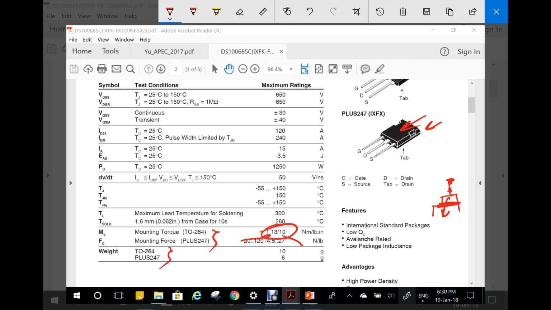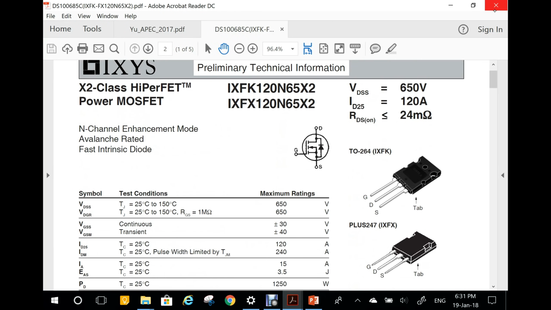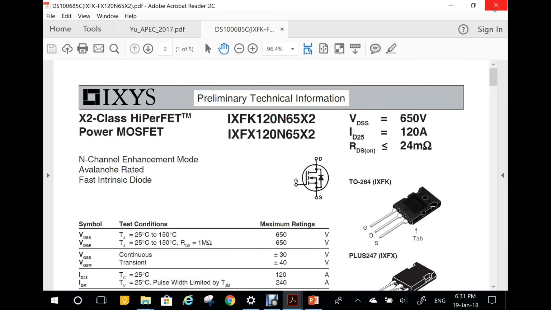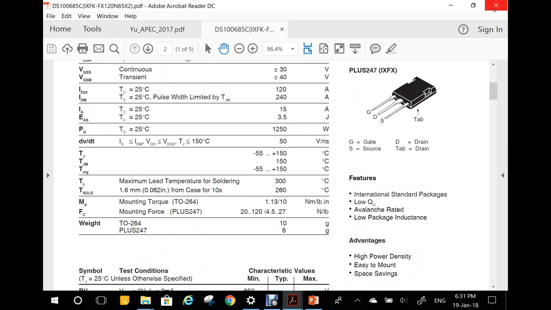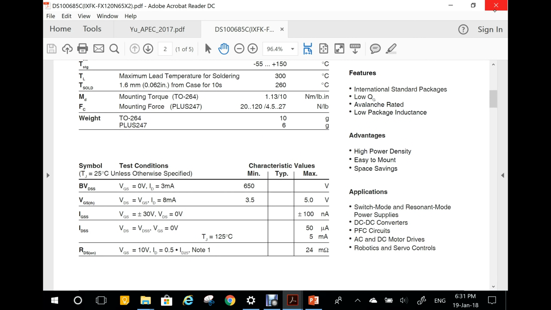So this will be the first part of the datasheet, maximum rating, and the next part will be also parameters, which are sort of test parameters, not operational parameters, but they give some additional information on the device. So let me go over it very quickly.